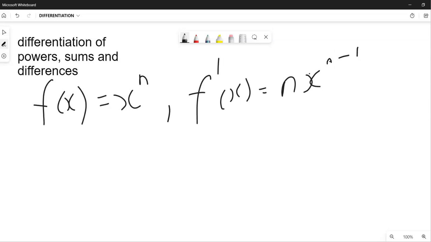So to make that clearer, if we have, say, 3x to the 7 power, we're going to multiply our power by the coefficient. That's going to give us 21, and then we're going to lessen the power by 1, so that will be 7 minus 1, which will be 6. Easy, right? How can this be complicated?